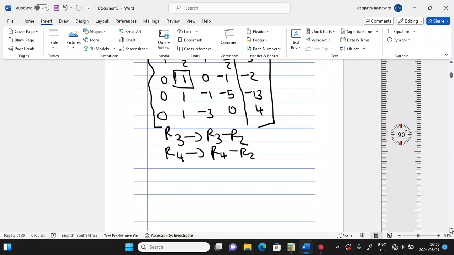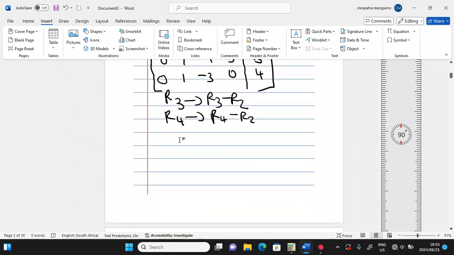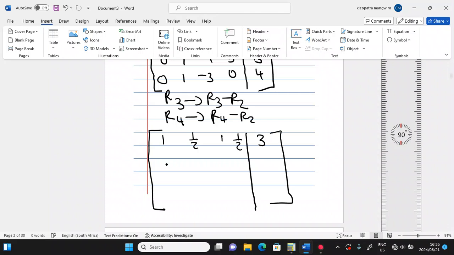So after performing my row operations, I get the rows: 1, 1 over 2, 1, 1 over 2, 3; 0, 1, 0, minus 1, minus 2; 0, 0, minus 1, minus 4, minus 11; 0, 0, minus 3, 1, 6.